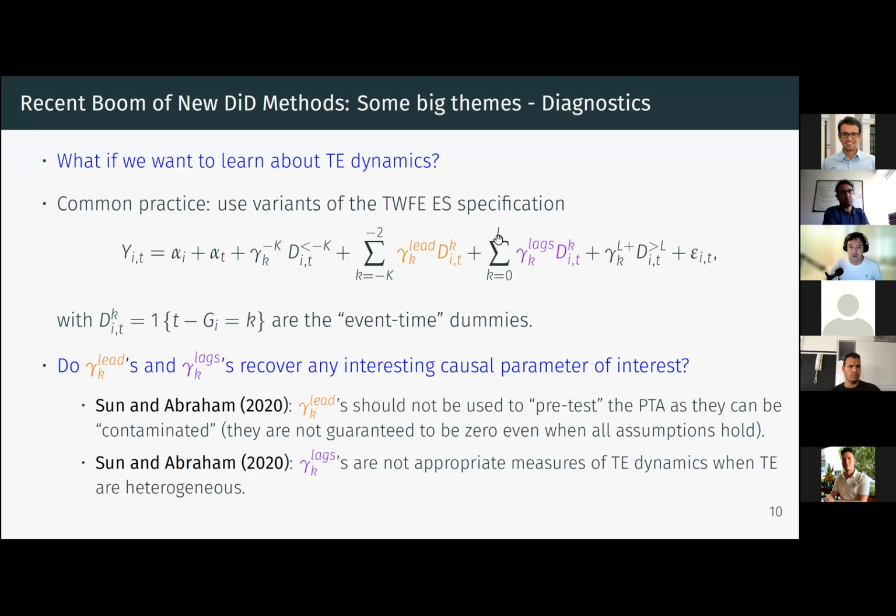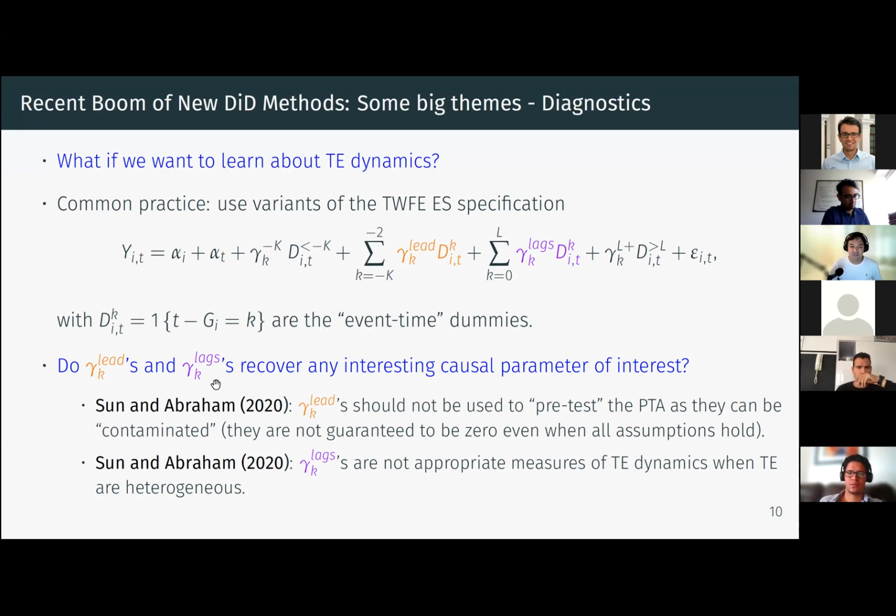The question was, if I model dynamics, do I solve the problem or not? That's at the heart of the Sun and Abraham 2020 Journal of Econometrics paper. What they are doing is, let me better understand these gamma leads and gamma lags and see if they actually recover some useful causal parameters in a world where treatment effects are heterogeneous.